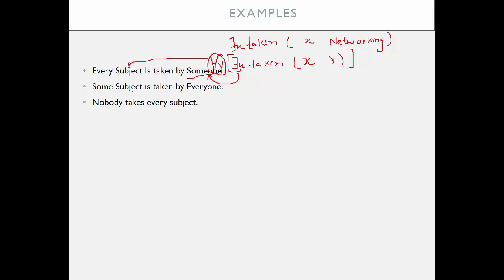Okay, now let's talk about some subject is taken by everyone. So it's quite easy now. If we have to represent a subject is taken by everyone, how would we represent that? Let's talk about the base case, which is networking is taken by everyone. It's going to be a universal quantifier because we are talking about everyone.